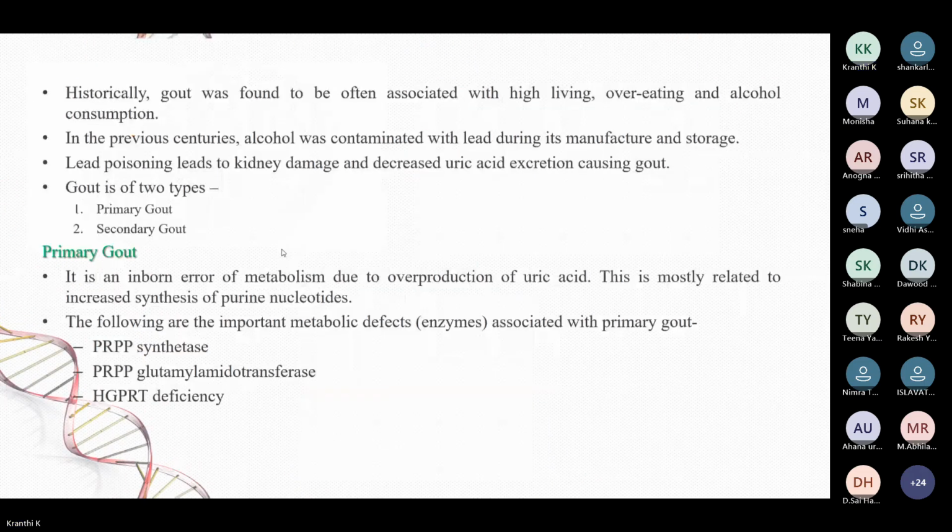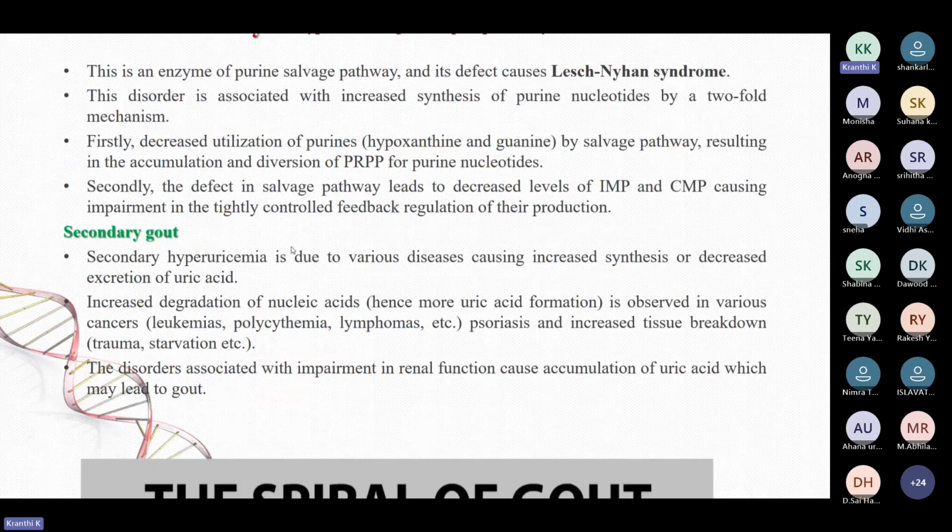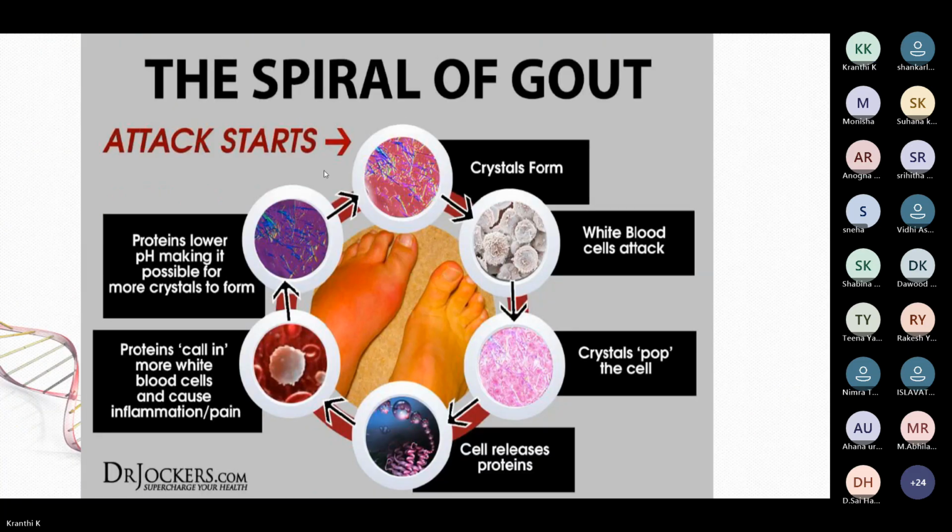One example I will show you. First, what is happening? Uric acid crystals form, mainly in the joints and the legs.